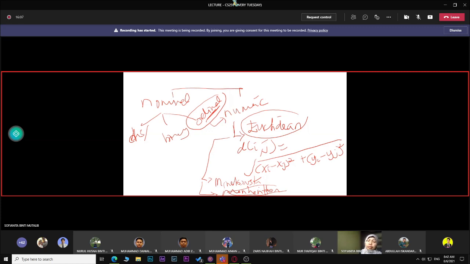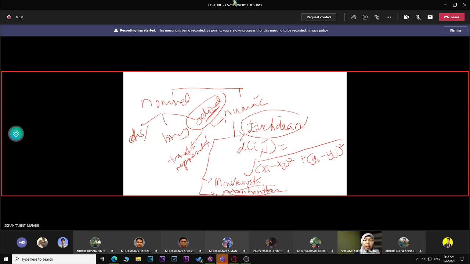The distance of each object in an ordinal data set will be calculated using the Euclidean distance. So ordinal will involve first a transformation, and then a representation method into numeric, and this one will use Euclidean distance.